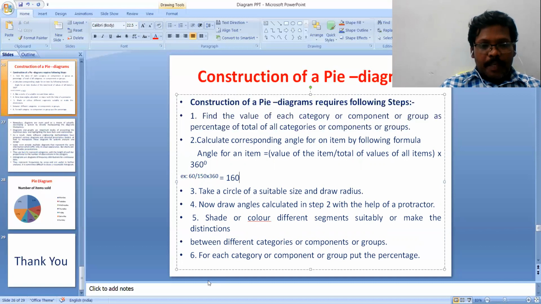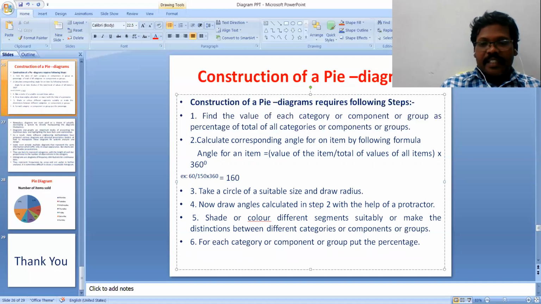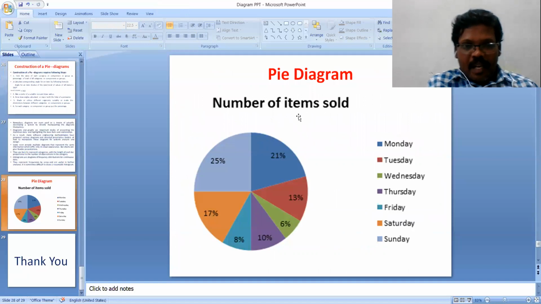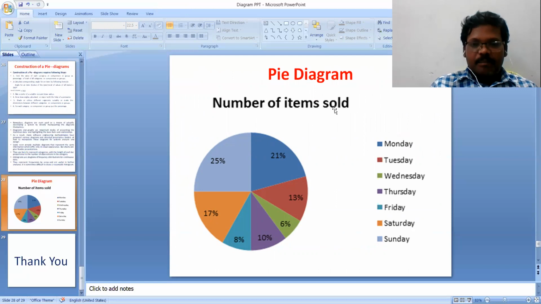Between the different categories, components or groups, we also have to take that into consideration. For each category, component or group, put the percentage, so that it is converted into percentage. Like that, we have to draw this pie diagram. For example, take the number of items sold each day: Monday, Tuesday, Wednesday, Thursday, Friday, Saturday, Sunday.